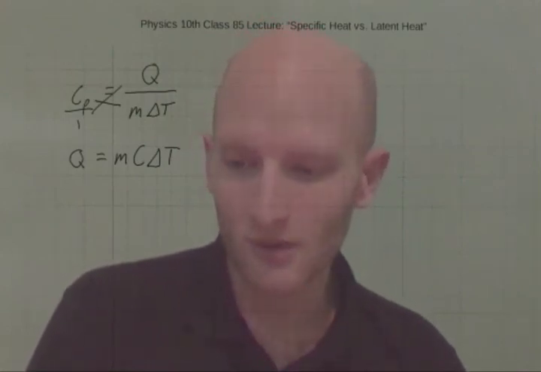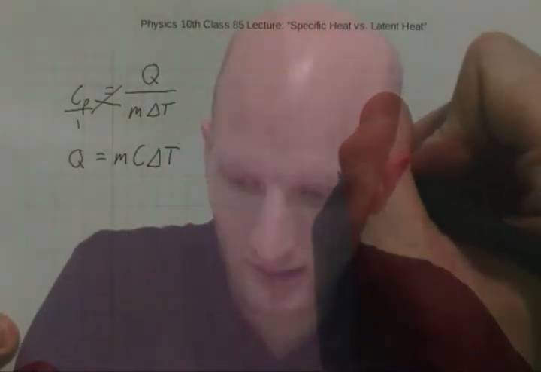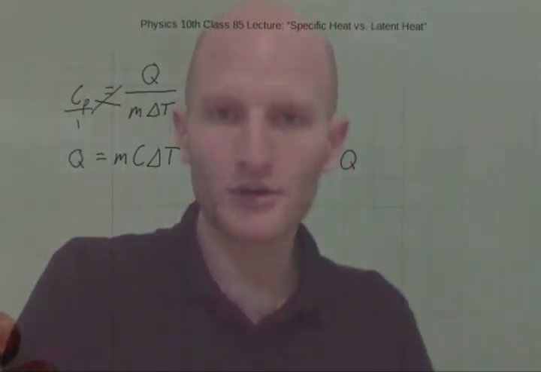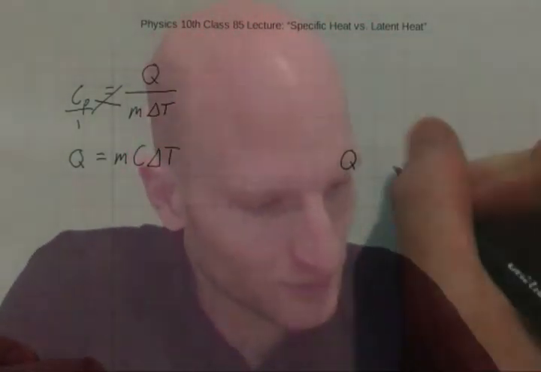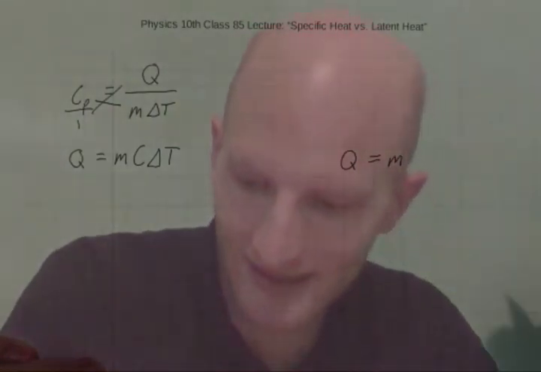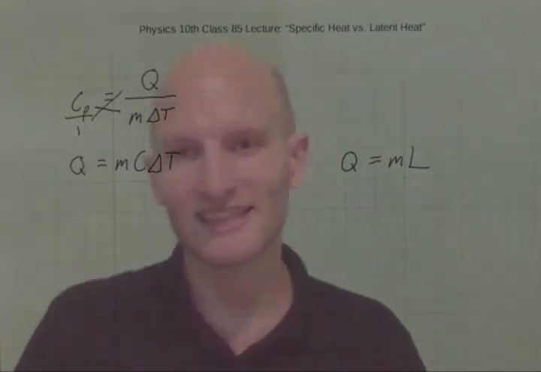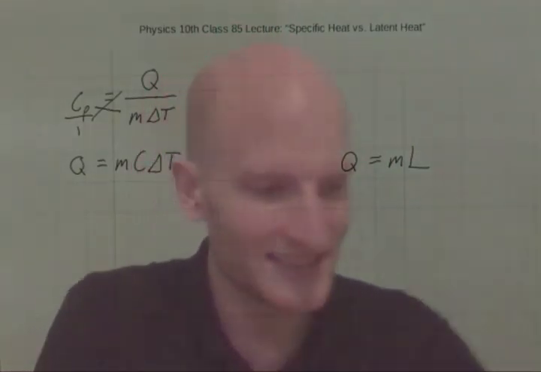Now, let's look at one other formula really fast. This formula is written as follows: Q, still referring to heat energy, is equal to the mass of the substance times L. Okay? L is what we call latent heat.